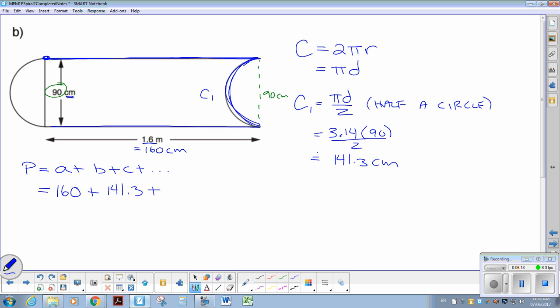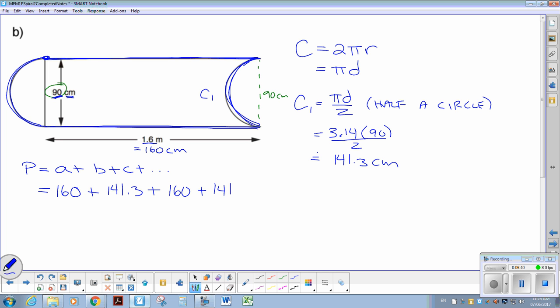All right, traveling down here, it's going to be 160 centimeters. Now here's a trick. We're going around the outside of the shape. So what do we know about this one? And the answer is, if it has the same diameter, it has to have the same circumference, or in this case, half circumference.